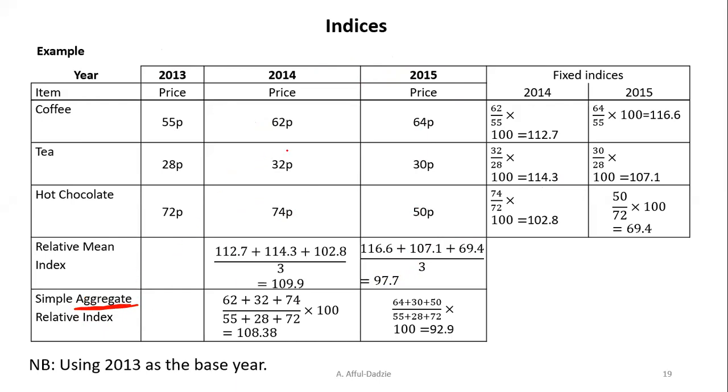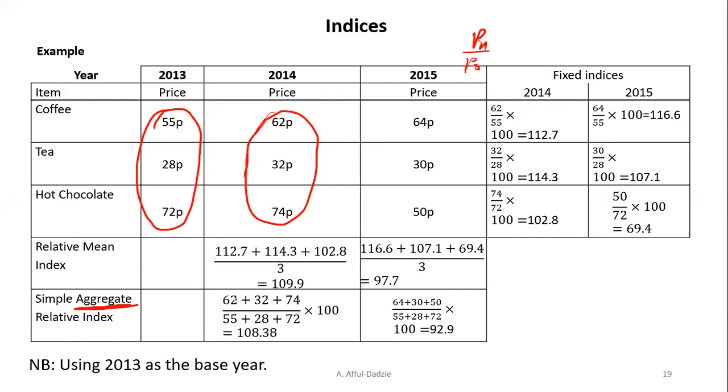So what it's saying is that you're still going to do Pn over Po, but this time around, you're going to put all this together, sum all this to give you one composite value, and divide it by the sum of all this again to also give you one composite value, and then you multiply by 100.